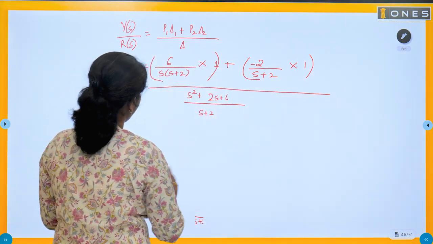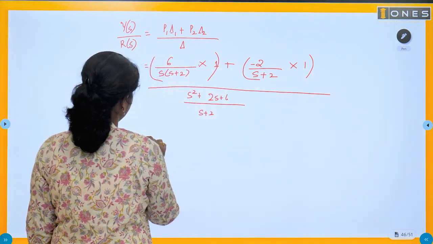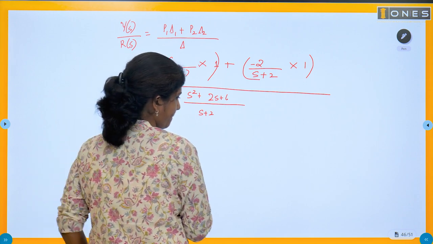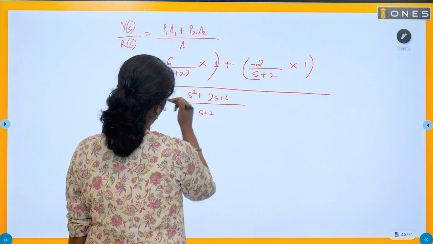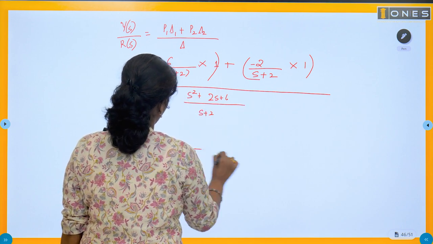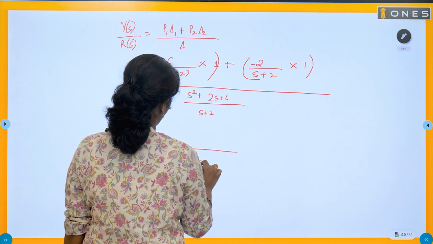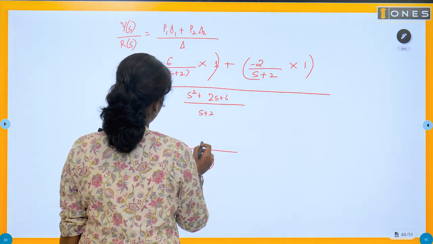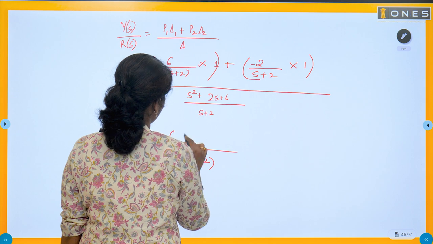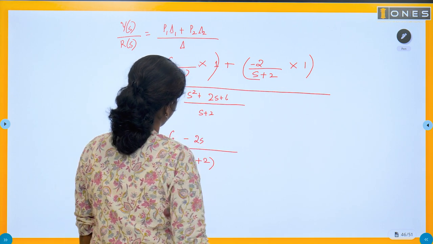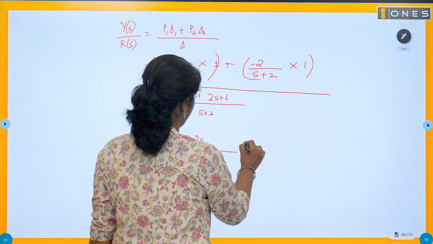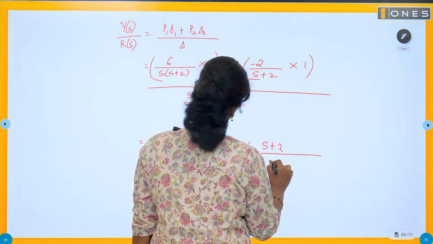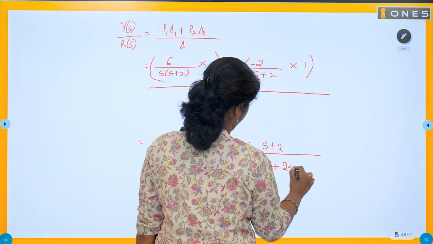So just simplify. Minus 2 by s plus 2. Here we have s into s plus 2 as the LCM for the numerator. So we have 6 minus 2s as the numerator part, then into s plus 2, divided by s square plus 2s plus 6.